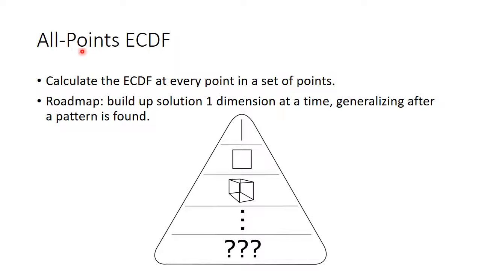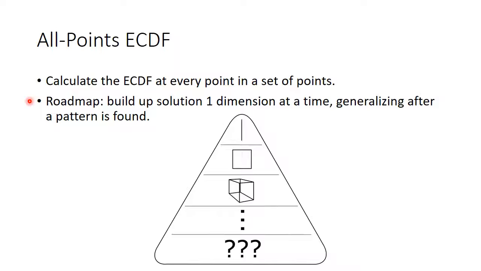So a little bit more specifically about the all points ECDF problem. To reiterate, it involves calculating the ECDF at every point in a set of points, as we established before. And let's talk about the roadmap that we're going to take to actually work up a multidimensional divide and conquer solution.